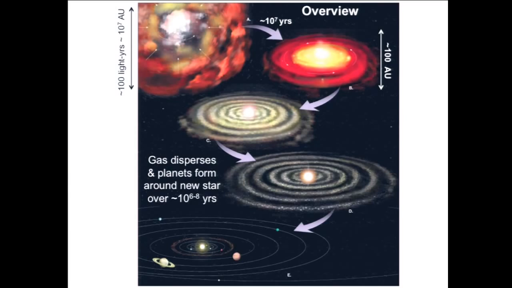At the center of this disk is a newly formed star, and in the disk surrounding the star, the planets slowly form. So as time goes on, this disk slowly disappears, and what's left behind are the planets that have formed out of the kind of debris, this disk around the newly formed sun.